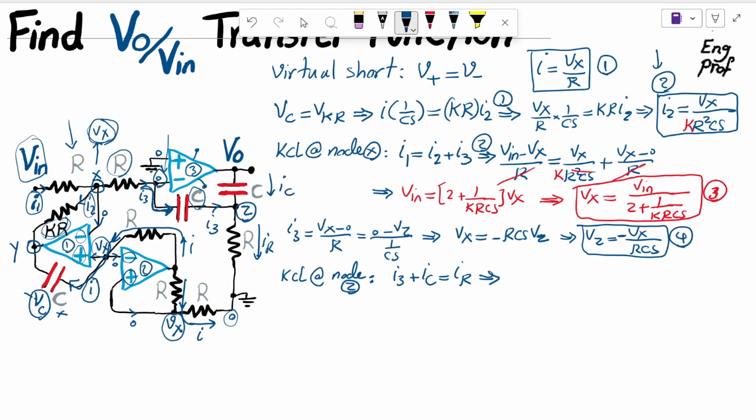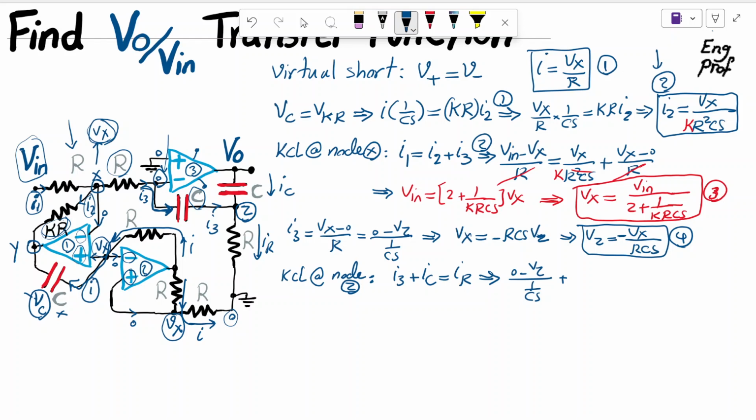And then now I'm going to use different things here. For I3, 0 minus Vz divided by 1 over Cs. Let me just make sure I'm doing it right.